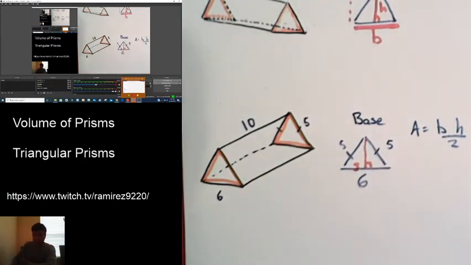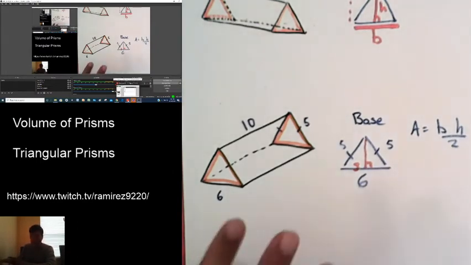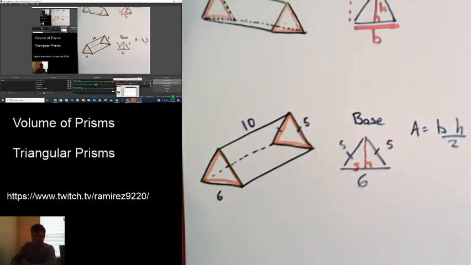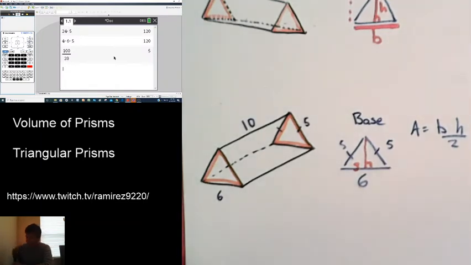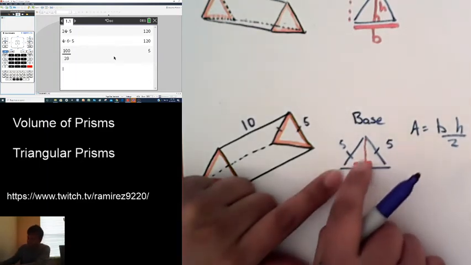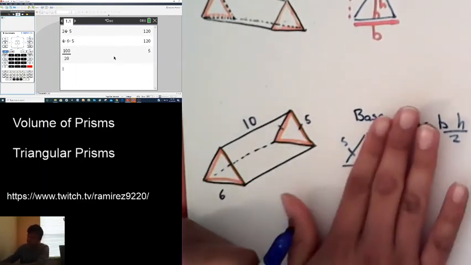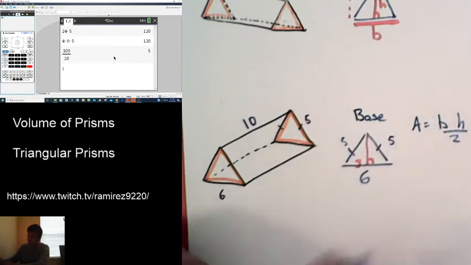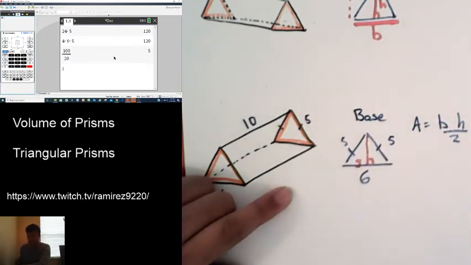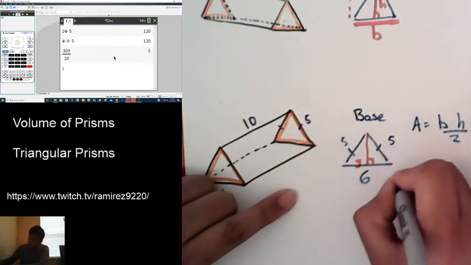Okay, so again, it helps, guys, to practice, that way you don't have to come and redraw this stuff all over again. I'm not even going to bother drawing it again. To find the height, I'm just going to focus on this little piece right here. I know my hypotenuse, and I'm going to subtract.